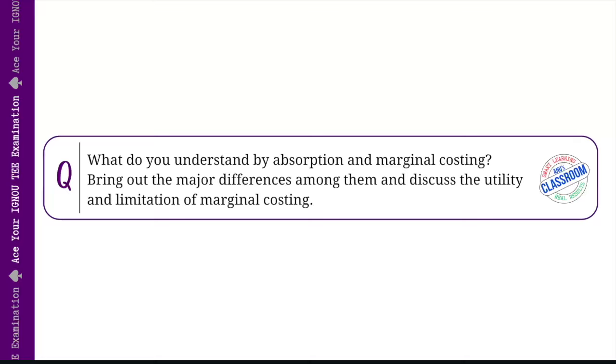Because it aids in quick decision making by focusing on the incremental cost and revenue. It gives a realistic picture of profitability because fixed cost is not carried forward. Also, it encourages cost control. It highlights the direct impact of variable cost on profits. It helps with product mix decisions as well, because it shows which product is going to contribute most towards covering your fixed cost, since that will have the most profit.